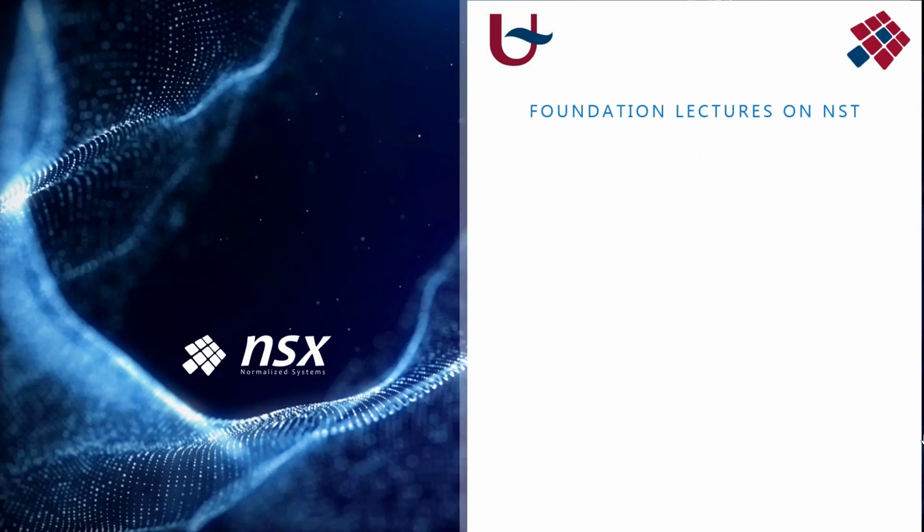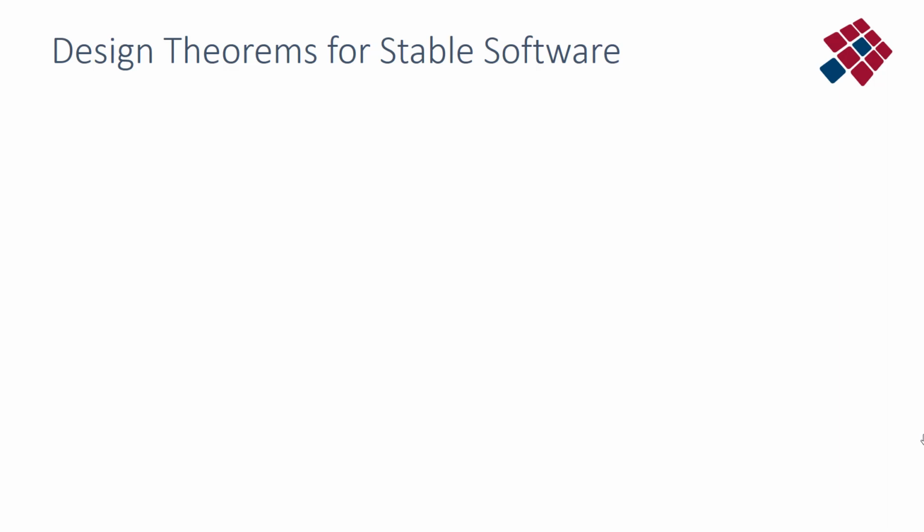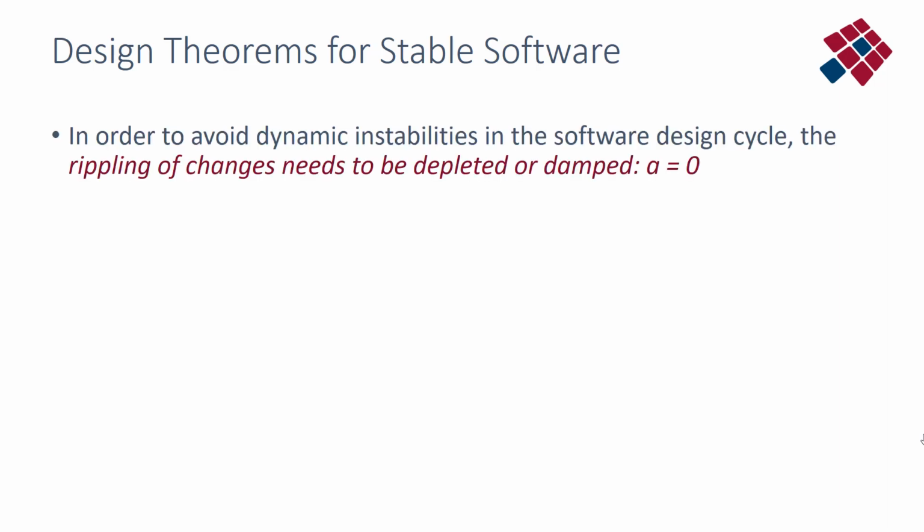My name is Herwig Mannaert, and in this third part we discuss the concept of emerging software element structures. Now, we have seen that we can consider the software design cycle as a dynamic system.